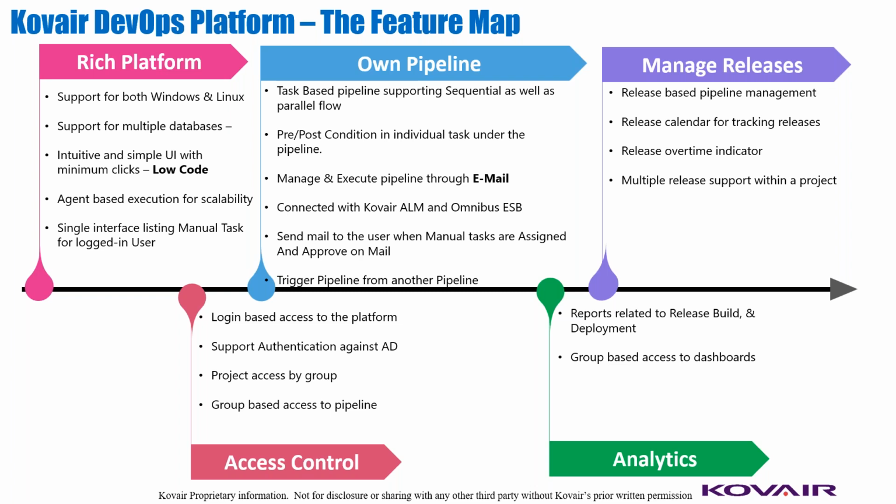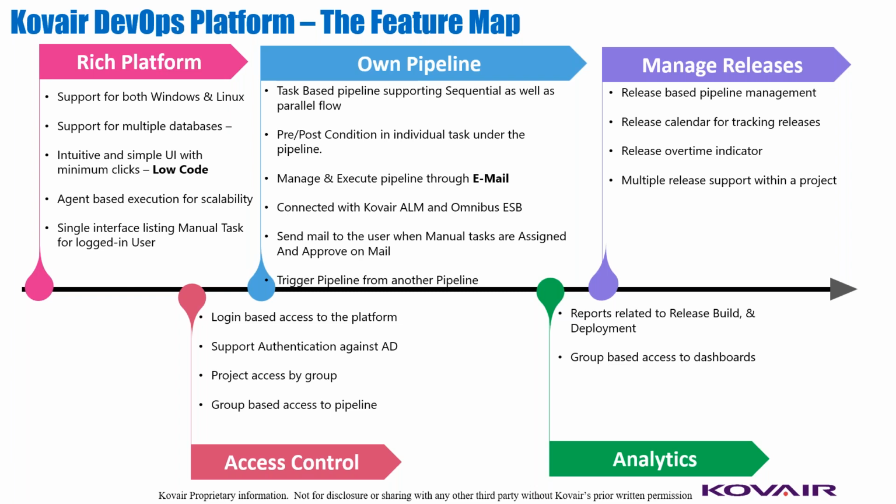The fourth point is access control. As we know, in our organization there could be multiple projects, and multiple projects can have multiple users and managers, and they don't want to share the data. So this platform allows you to completely hide the projects from each other. It allows you to get finer control over the pipelines, the groups, the users.